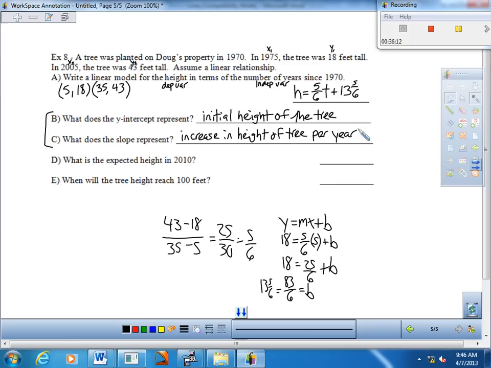All right, let's do just a couple quick calculations on this and wrap this up. You guys are doing great. It says, what is the expected height in 2010? No big deal here. We have a model. Now we can use it to extrapolate. The height in 2010 would be 40 years. So I'm going to make t 40, and then that 13 5/6, or 83/6, however we want to play it out.